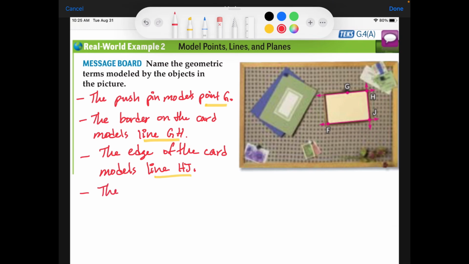And so the card itself models a plane, and we're going to call the plane by 3 points on that plane. 3 points on that plane is F, G, and J. We could have also named it F, H, J. There's, once again, different ways of naming planes, just as long as we use 3 points. Hope this helps.